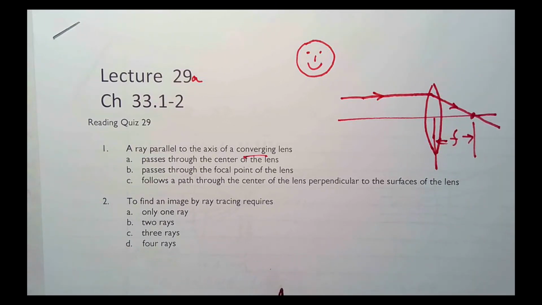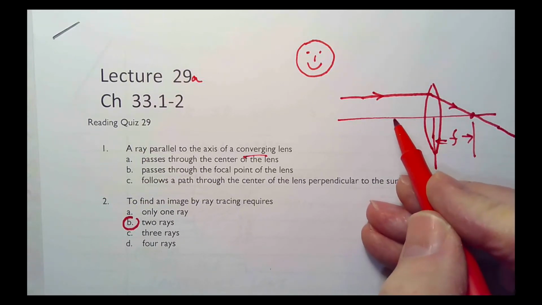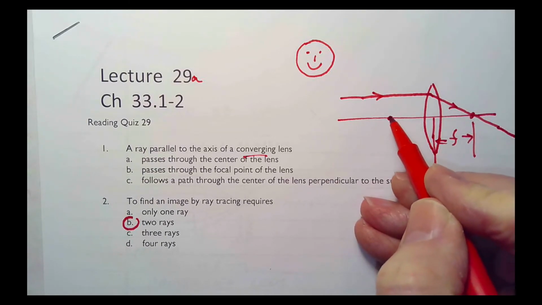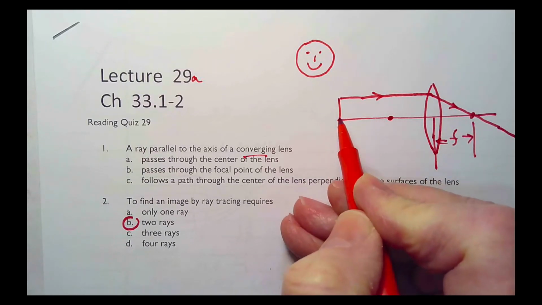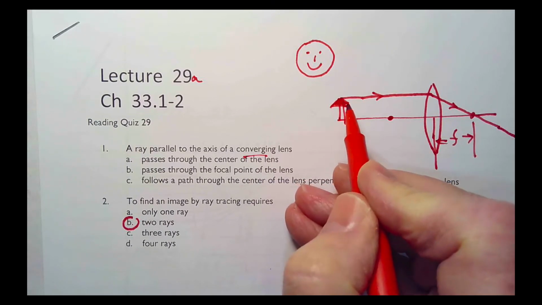To find an image by ray tracing, we only need two rays. We use three or sometimes four, but we only need two. Here's another ray that we could use. If there's a corresponding focal length on this side, the conjugate, I'm drawing an object sitting here, my canonical arrow.